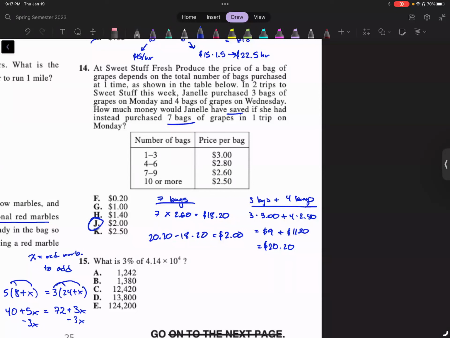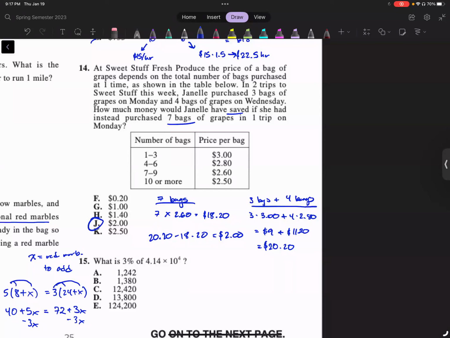What are they asking? They're asking how many additional red marbles must be added to the 24 to change the probability to 3/5. The information we have so far is that there are 8 red marbles, 9 yellow marbles, and 7 green marbles. Right now we would have 8 over 24, which is 1/3, but we want to change it to 3/5.